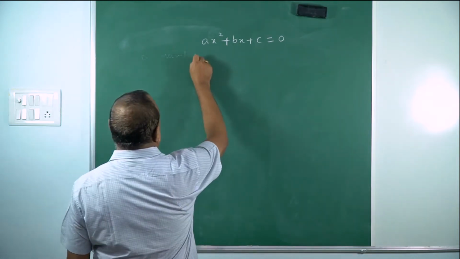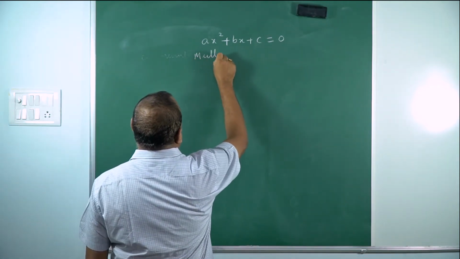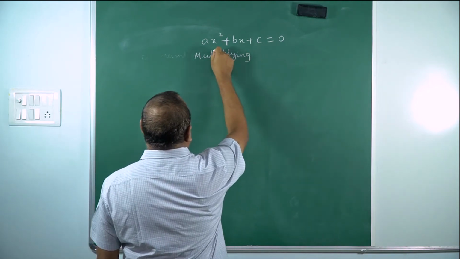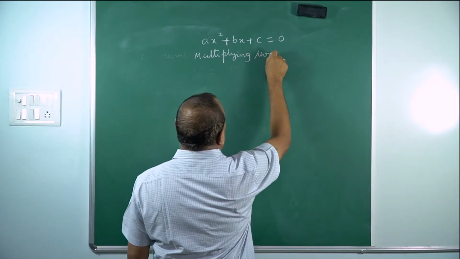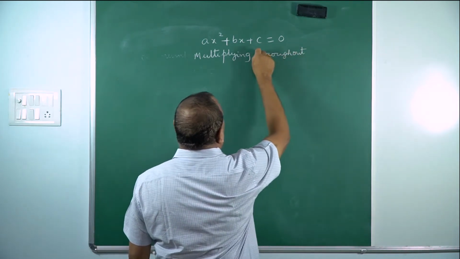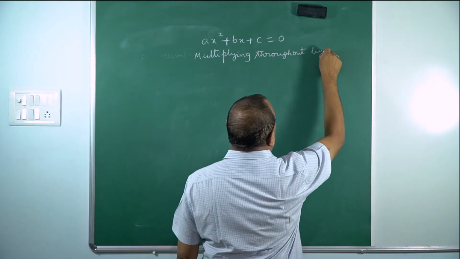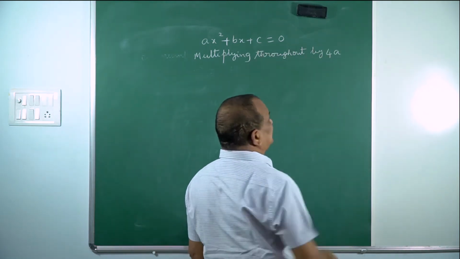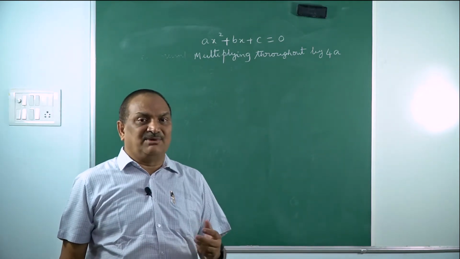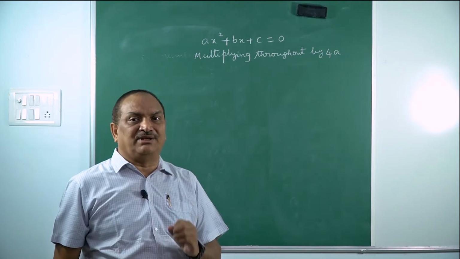So I write here, multiplying throughout by 4a. Just watch and let us see later how it's going to help us, because you have chosen this 4a arbitrarily.